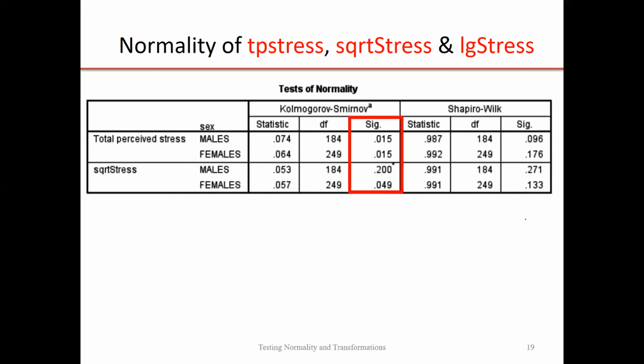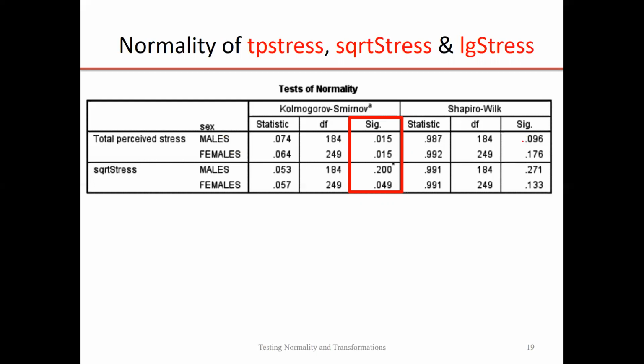Now the p-value of males in the actual variable is 0.015. So it means at the 5% level of significance, the data of male and female is not normal according to the Kolmogorov test. But according to the Shapiro test, both are normal.